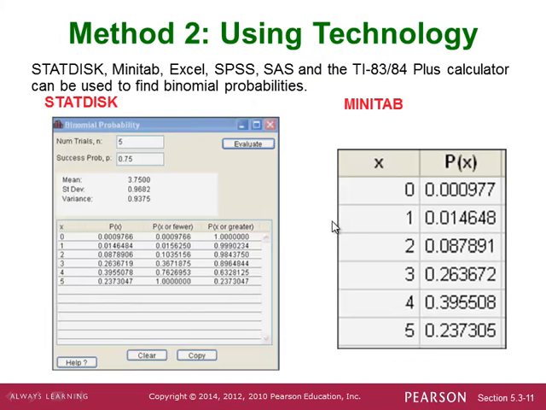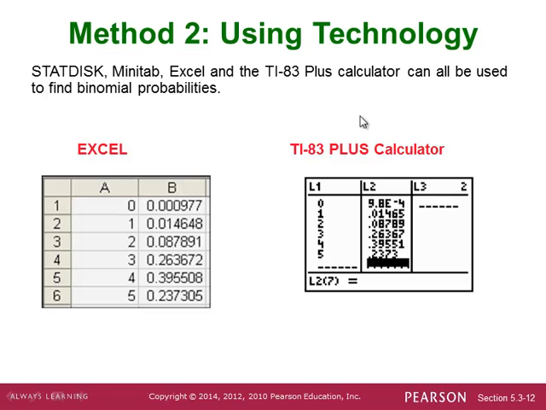Now, you could use various statistical platforms: StatDisk, Minitab, SPSS, Excel, TI-83 Plus calculator. I'm pretty sure everybody has access to Microsoft Excel, TI-83, TI-84, TI-85, and others. There are lots of different Texas Instruments calculators that can do this, as well as HP and Casio and many others.